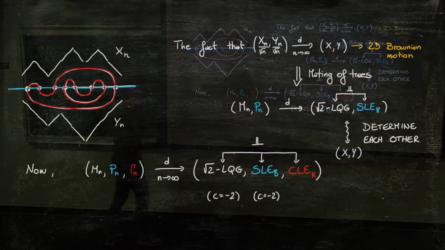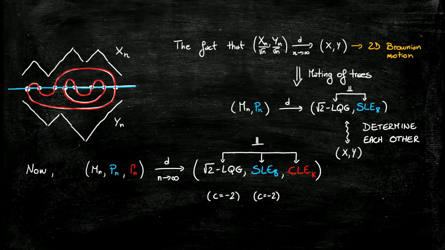Now, our conjecture is saying that the triplet converges to the triplet. But this first part is rigorous, at least in the Peano sense. And now, believe for a moment that in the limit you get a CLE, which is independent. Then we discuss that, and you ask, what is the only possible value of kappa?